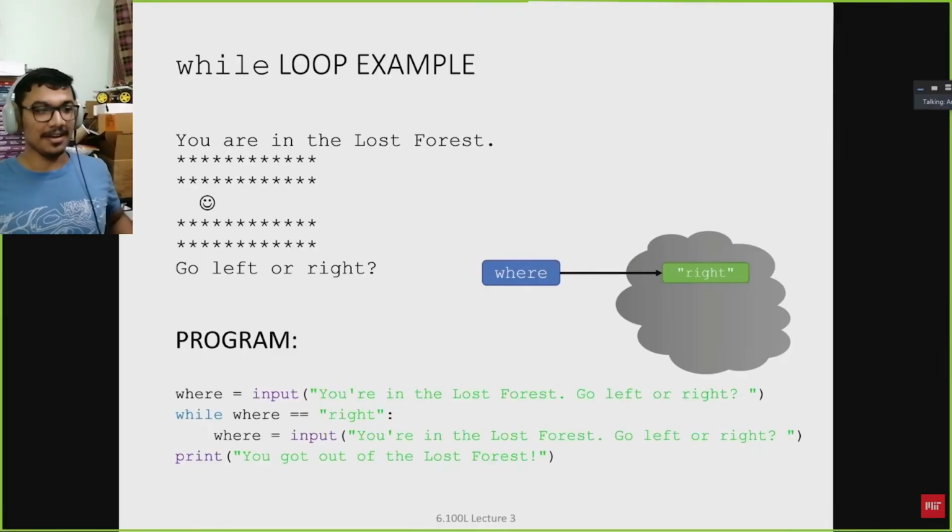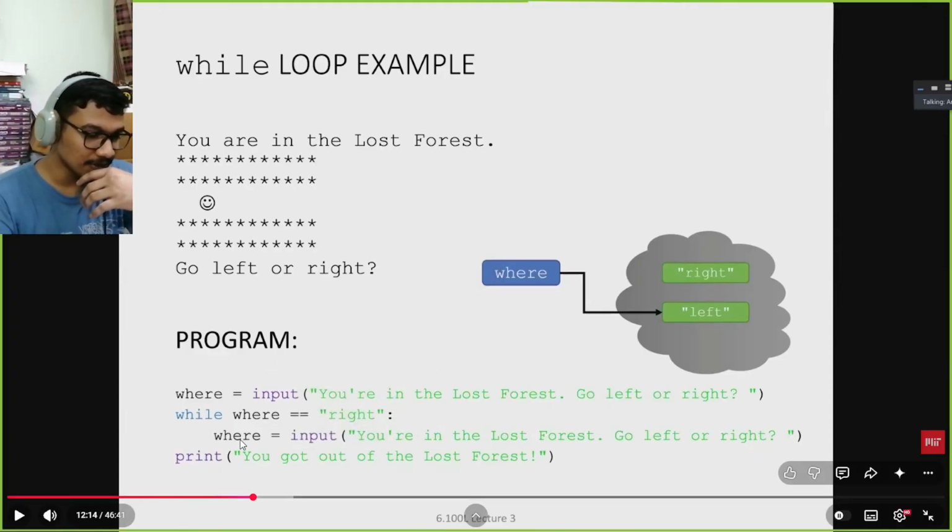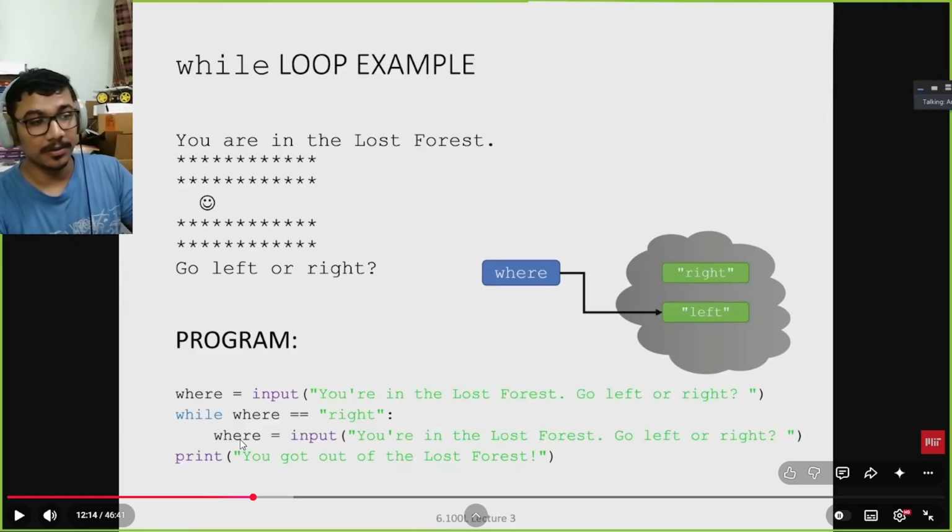At some point, the user might type in left, in which case we're going to lose the binding from the variable where to the specific sequence of characters R-I-G-H-T, and bind it now to the characters L-E-F-T. So after repeating this many times, this variable where is going to have the value left.